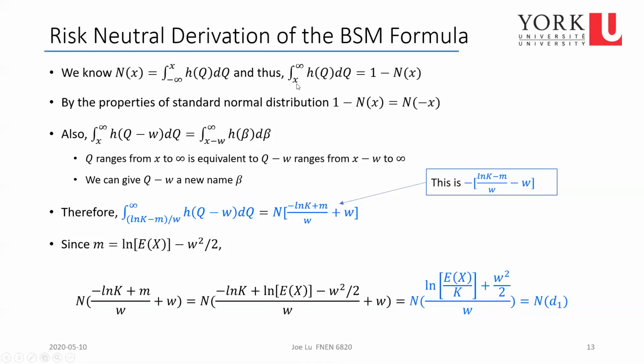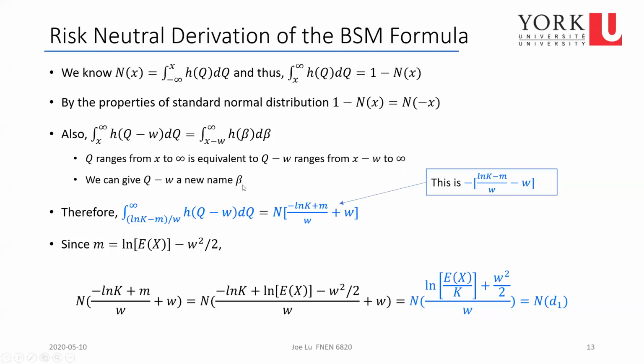Now, if instead we integrate from x to positive infinity, then it is basically the other side of this area under the curve. And that is basically 1 minus N(x). So we have this condition that we can use, which means that 1 minus N(x) is really equal to N(minus x).